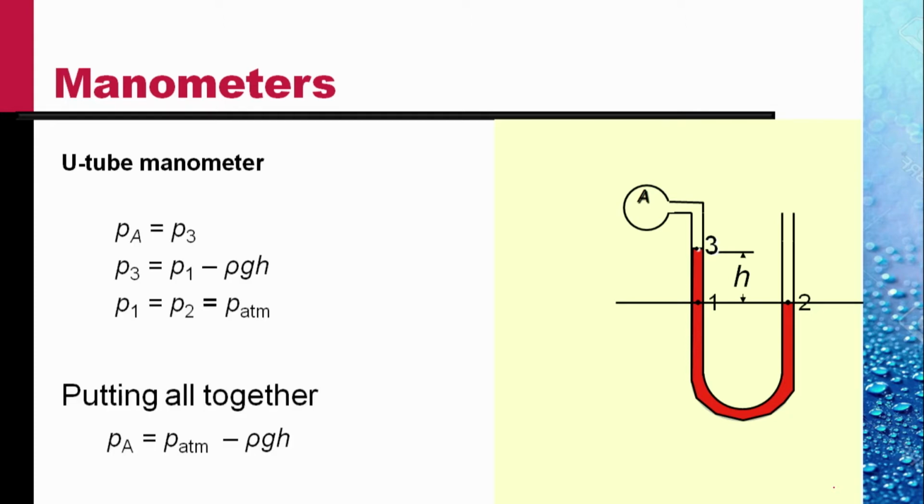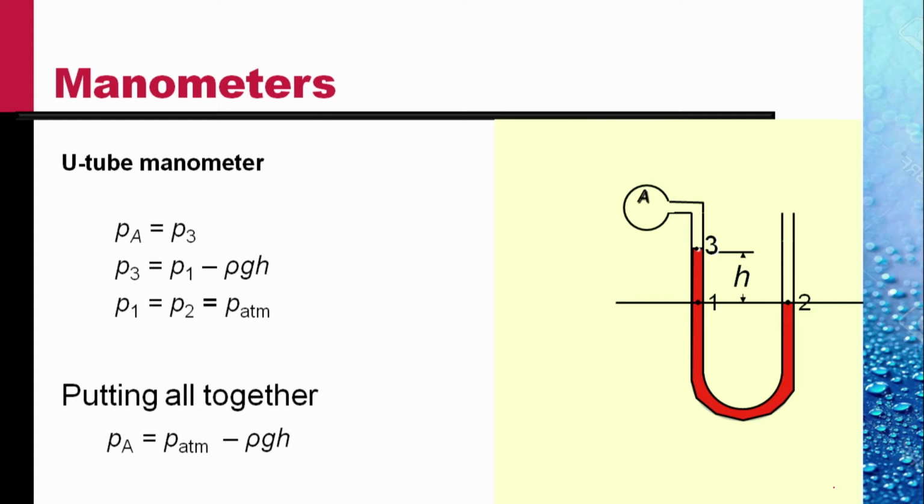Since the density of the gas is very small, we can say PA is like P3, and P3 is P1 minus rho g h, because from P1 we are going up a distance h. So it is minus rho g h, and P1 is equal to P2 is equal to P atmosphere.